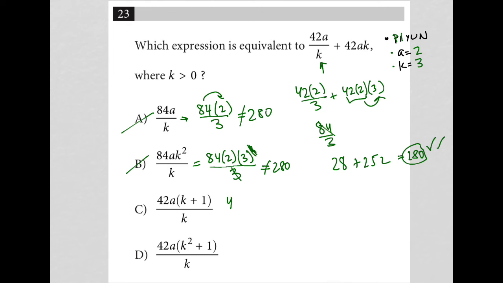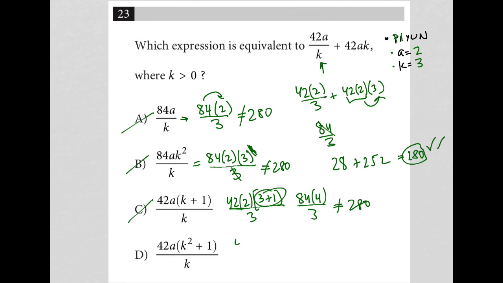Choice C, 42 times 2 times 3 plus 1 inside brackets, all divided by 3. So that'd be 84 times 4 once we combine the terms inside the bracket, all divided by 3. 84 times 4 is 336. Divided by 3 makes it even smaller, down to 112. So again, that is not equal to 280, so that's gone.